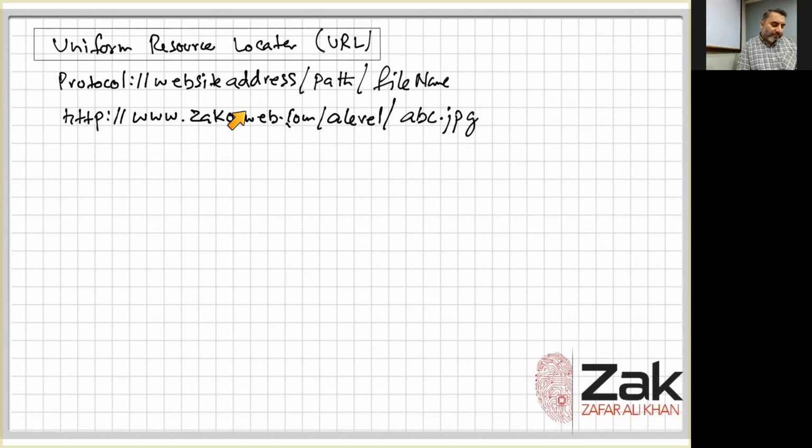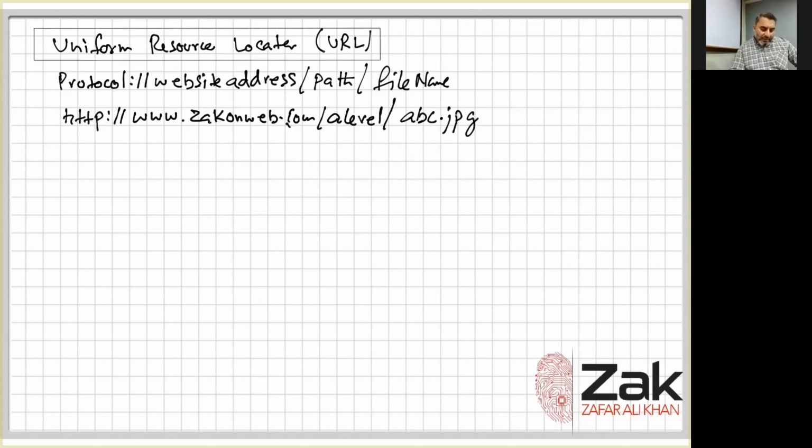Path. This path is the web page. If it is omitted, then it is the root directory of the website, like we have C:\root directory. So the path is actually the website itself. The file name is the file that we are accessing. So that is how the whole thing works.